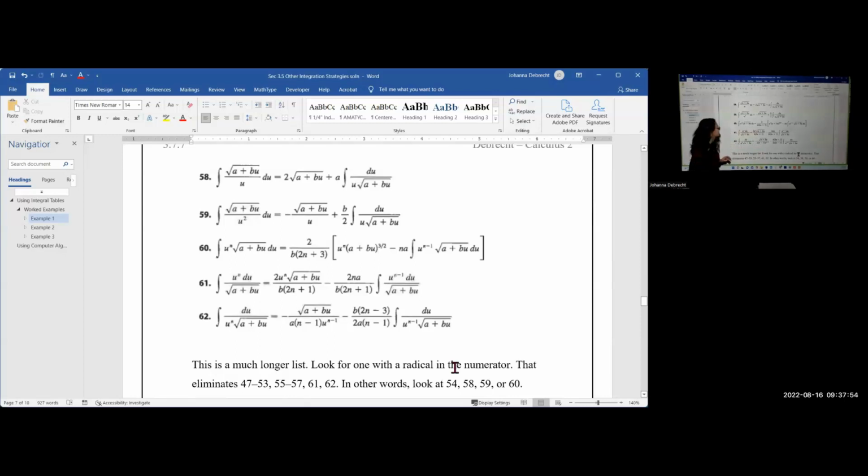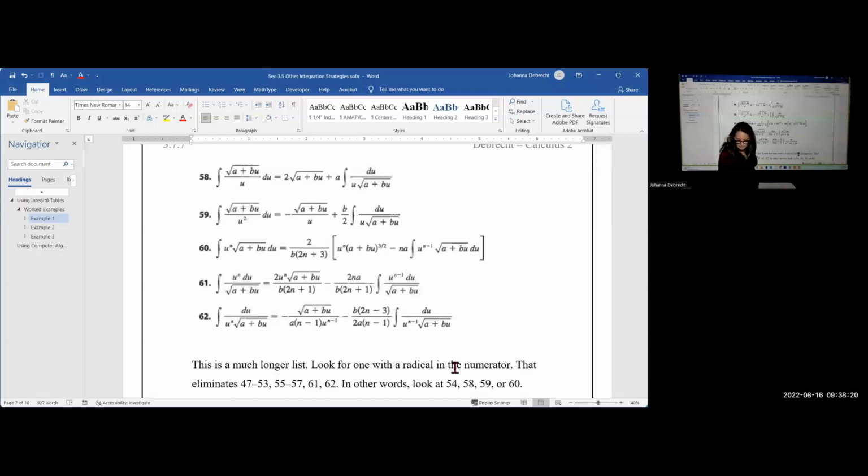Here are the last 5 or 6 that we've got. I've got a radical of a plus bu. That looks good, but it's divided by u, not multiplied by u. So probably 58's no. 59, no, for a similar reason. 60 looks good, except it's u to the n. Now, could I use 60? I think I could use 60, but I would choose n to be 1.